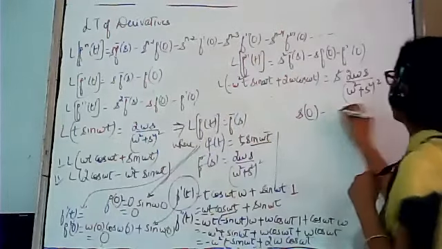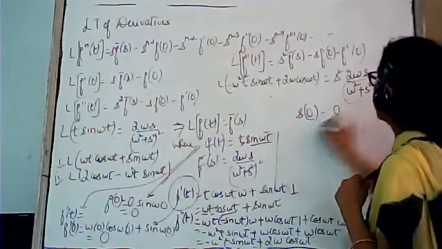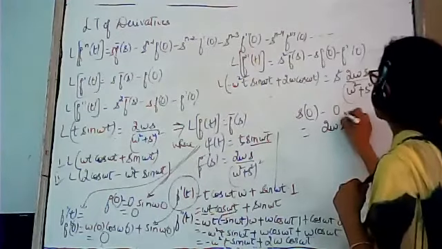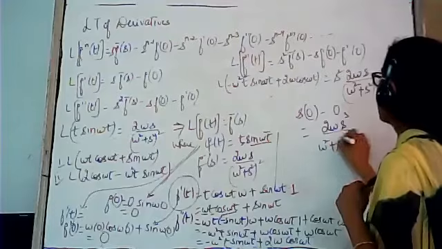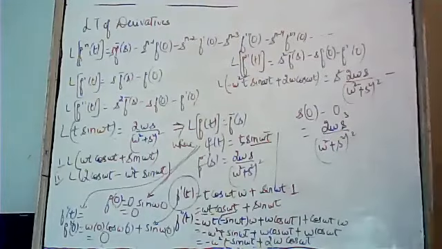So it will be equal to 2 omega s cube upon omega square plus s square the whole square, which is our required result. I hope it is clear, beta.